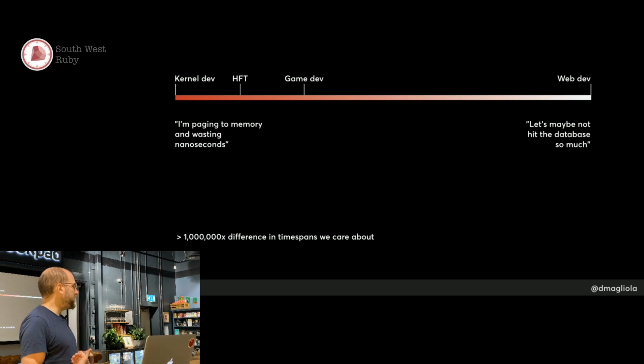Some things that to me, as a Ruby developer, are super fast, somebody that's writing drivers inside the kernel, they can't even consider them because of how slow they are. So keep that in mind when somebody says that something is fast or something is slow. That is literally meaningless without a context. But we don't think about it like that most of the time. We just go with this is fast and that's slow, and we internalize that as if it meant something.